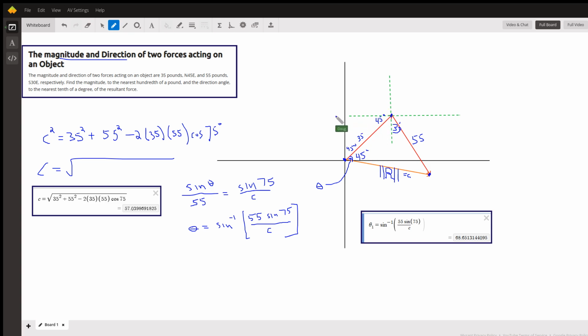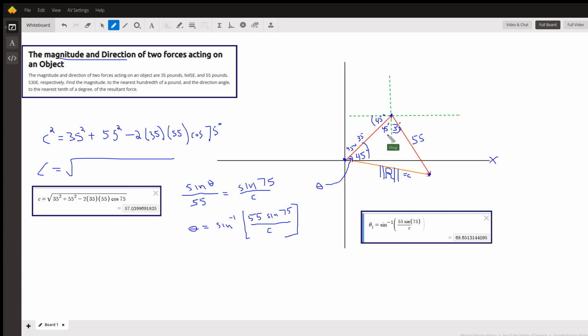Notice that this green dashed line and the x-axis are horizontal, so they're parallel. So this vector right here is a transversal, and with two parallel lines cut by a transversal, alternate interior angles are congruent. So this is 45. Since this is a 90-degree angle here, this is also 45.